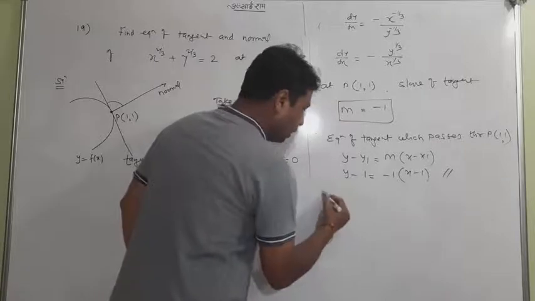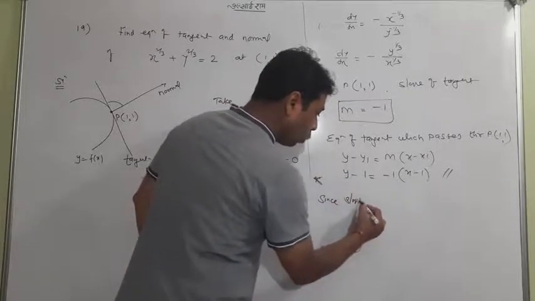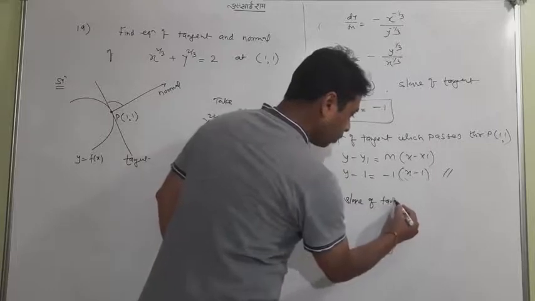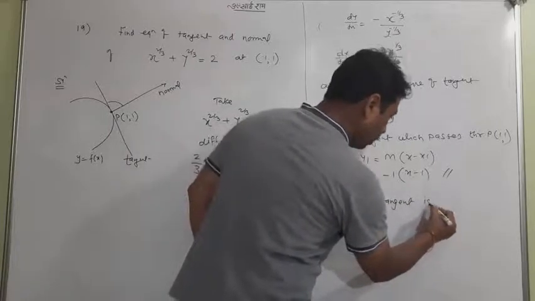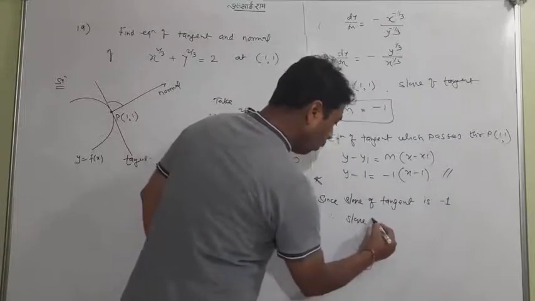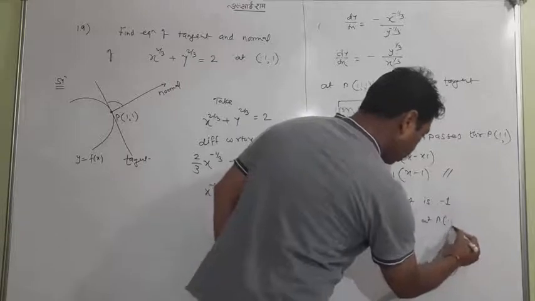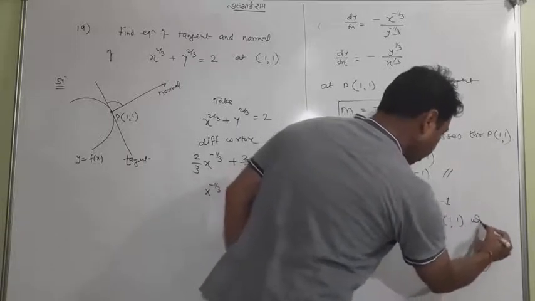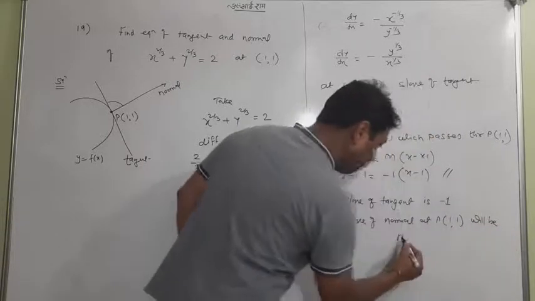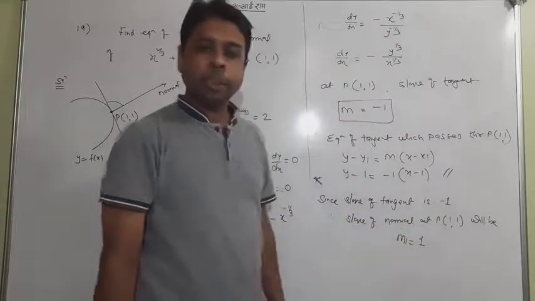So since the slope of the tangent is minus 1, the slope of the normal at (1, 1) will be, can I say it is m1? The reciprocal of 1 is 1, and change the sign.